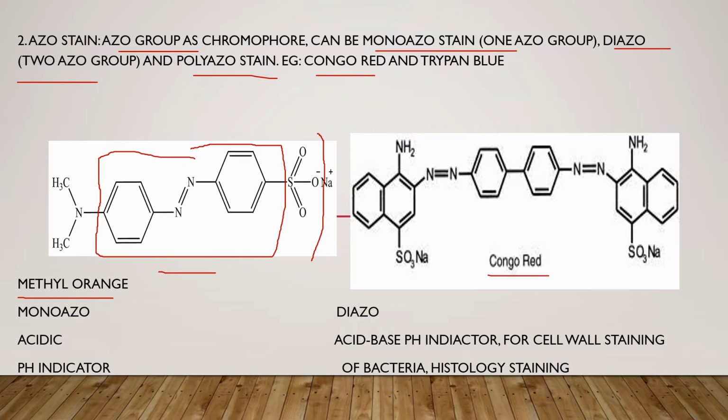Another one we have is Congo red. If you see here, we have two azo groups, one here and the second one here. The functions of Congo red: it acts as an acid-base pH indicator, for cell wall staining of bacteria, and for histology staining, like tissue staining.